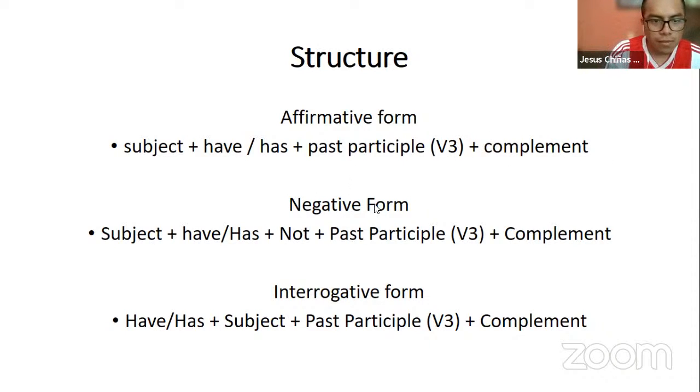For the negative form, it is always first the subject and then have or has plus not plus the participle verb V3 plus the complement. And for the interrogative form, first always is have or has, and then the subject plus the participle verb plus the complement.